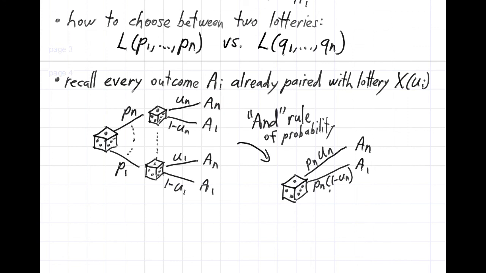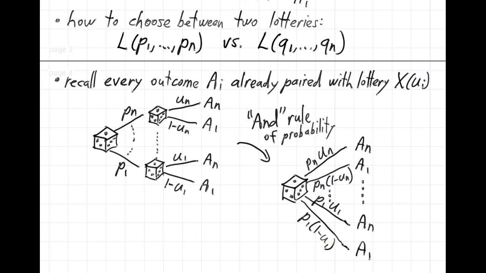And the same reasoning goes for all the intermediate branches. And I'll just draw the very bottom one, which again becomes two separate branches with outcomes AN and A1 again. And the probabilities are P1 times U1 to get the AN outcome, or P1 times 1 minus U1 to get the worst outcome. And again, remember there's all these other possibilities in between.